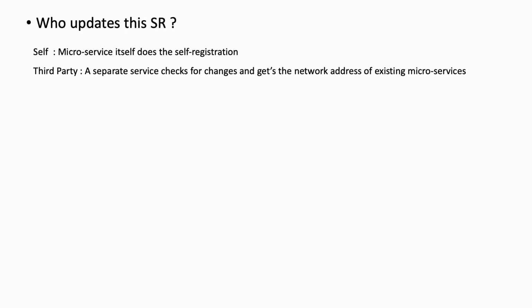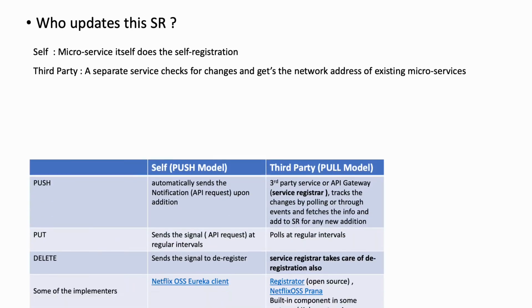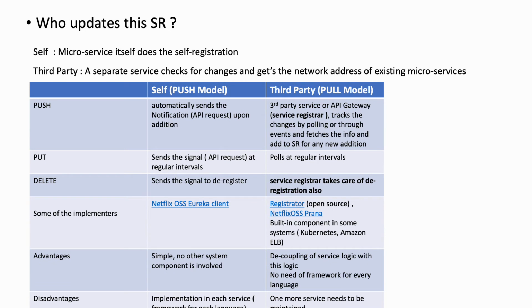Now let us see what are the advantages and disadvantages of both methods, who is using these methods, and how the four APIs that we discussed earlier are getting used in these two cases. The following table will show you the information that we are planning to discuss right now.